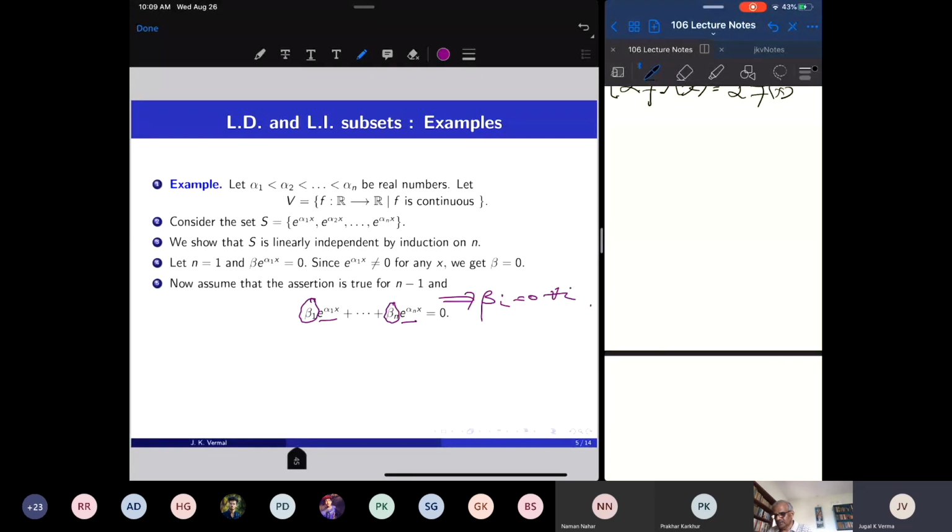Somehow we have to reduce this equation to an equation which has n minus 1 functions so that we can use our induction hypothesis.